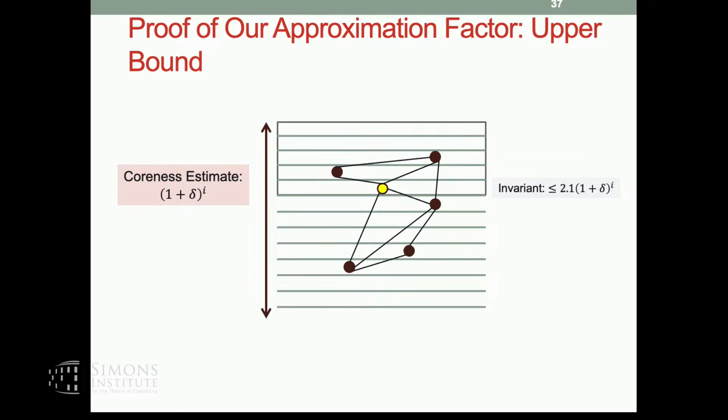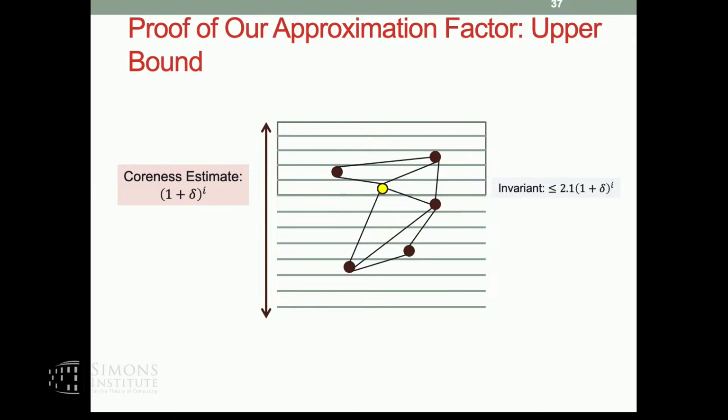Okay, so let me give some intuition about the upper bound proof. First, we need to think about this peeling process, which I mentioned earlier. If you're trying to solve the k-core problem statically, you have a variable i that starts at 1. You delete all vertices with degree at most i.